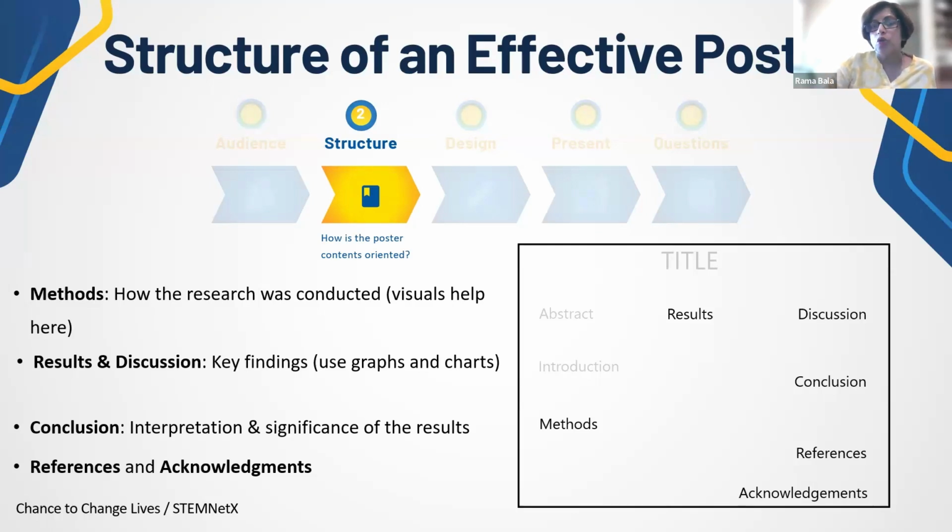There is a place for you to give the acknowledgement in that section. So this presents to you the content and the flow of your research from start to finish in a poster presentation. Next slide, please.